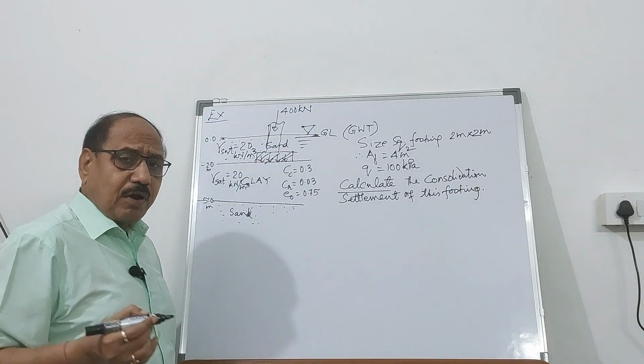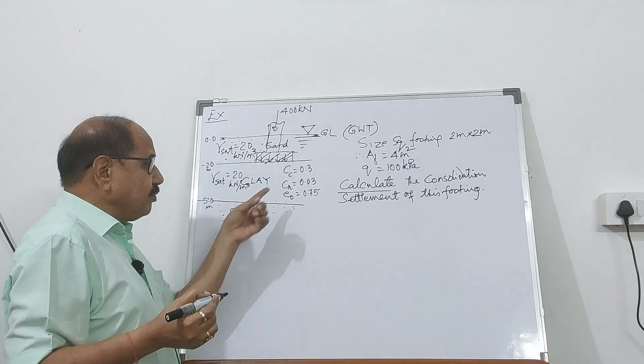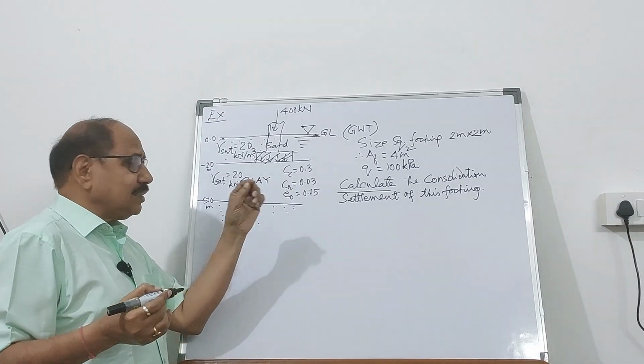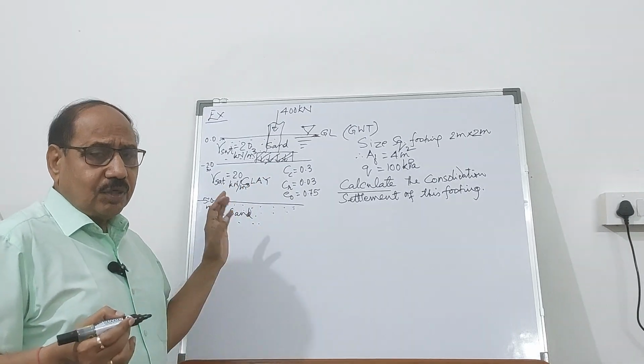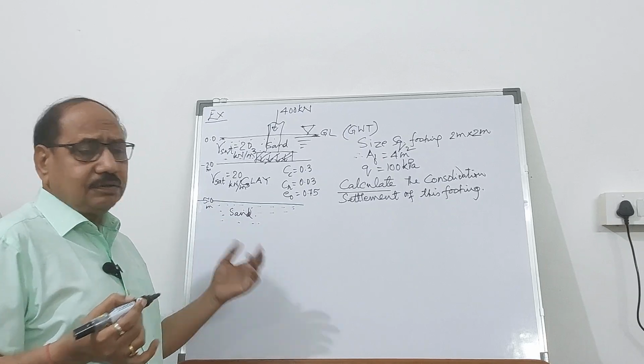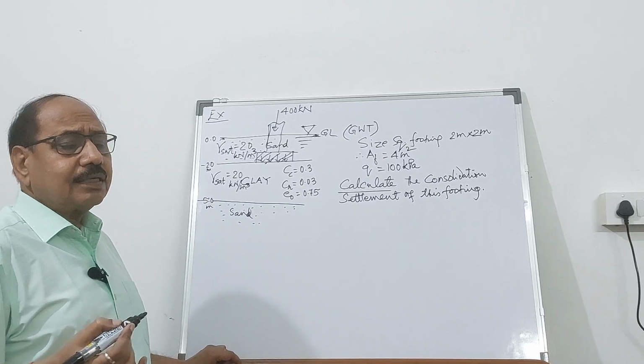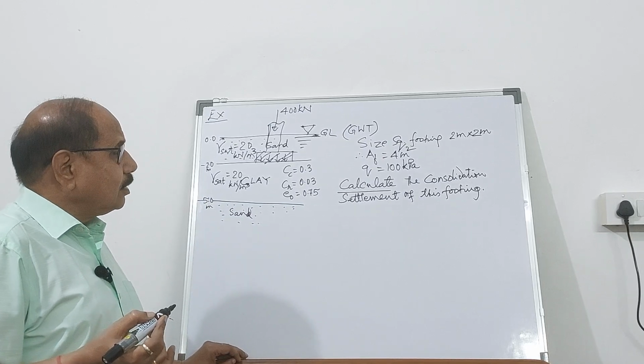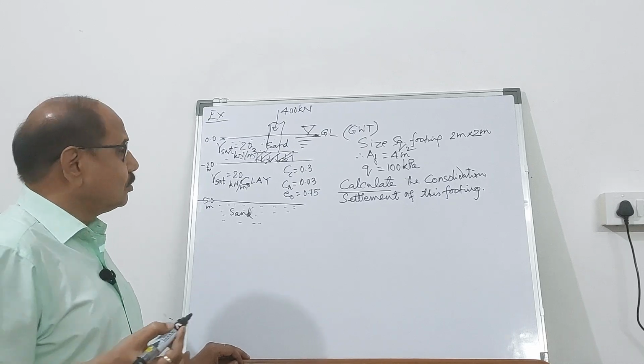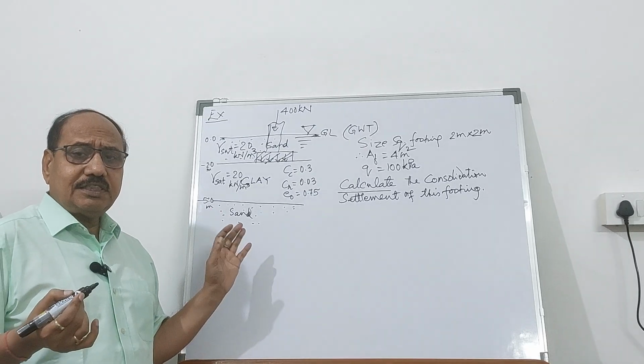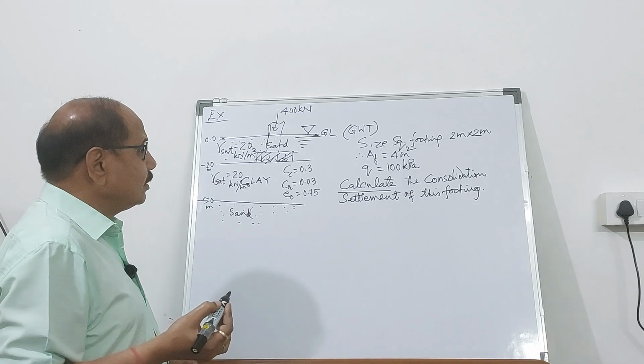Deliberately, I have taken this problem where we will be making use of Cc, Cr, etc. because this topic is very, very important from GATE and other competitive examinations where consolidation chapter gets prominence.